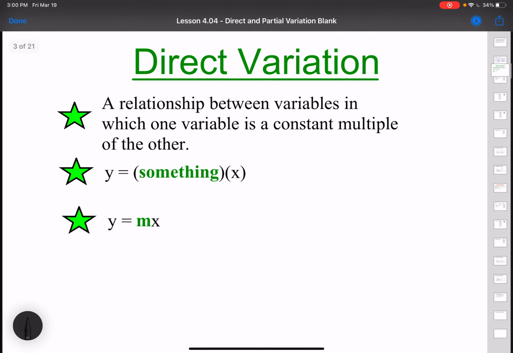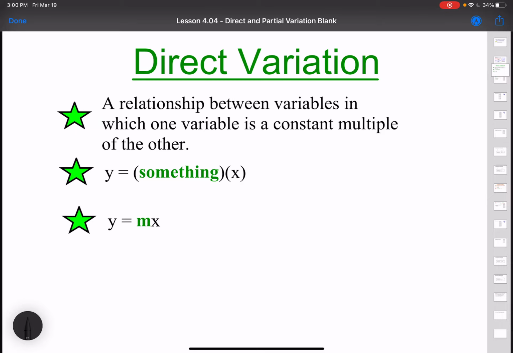First, let's take a look at one like the first one there, where it was just 2x. What we can say about a relationship or graph like that is that it is a direct variation. A direct variation is a relationship between variables in which one variable is a constant multiple of the other.